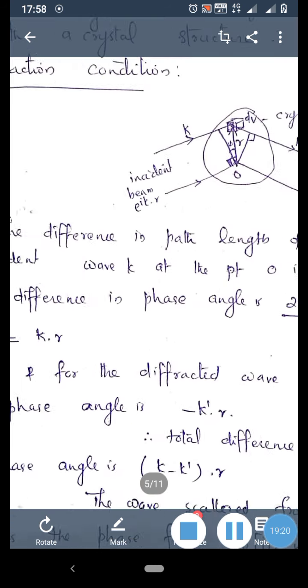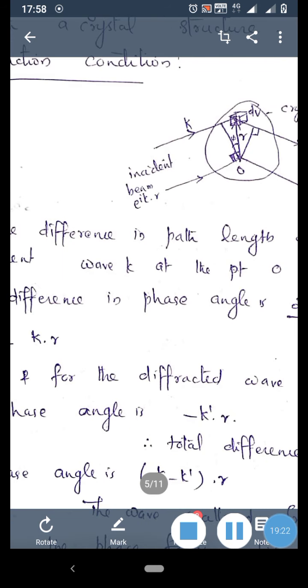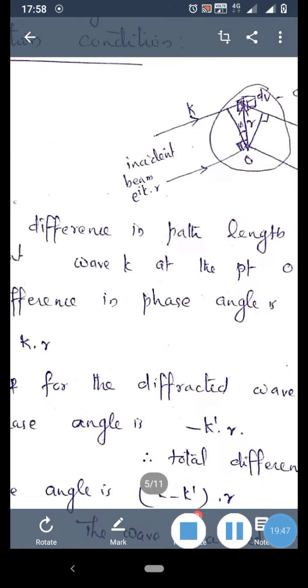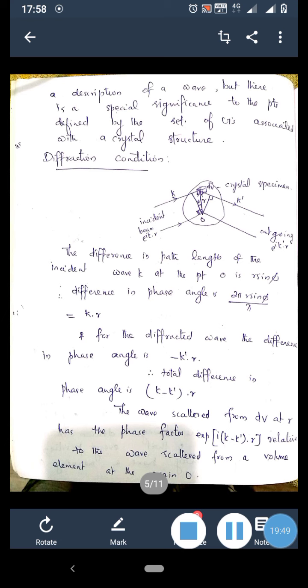Here you can see the angle phi, the origin, and the volume element at r. The corresponding difference in phase angle is obtained by converting that path length into phase angle, multiplying by 2 pi by lambda into r sin phi, which can be written as k dot r. Here k dot r means k into r into the cosine of the angle between them, since phi is equal to 90 minus the angle between k and r.